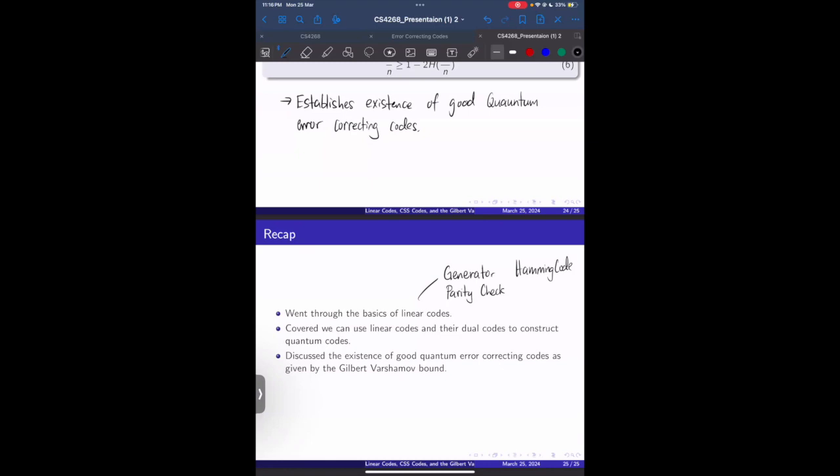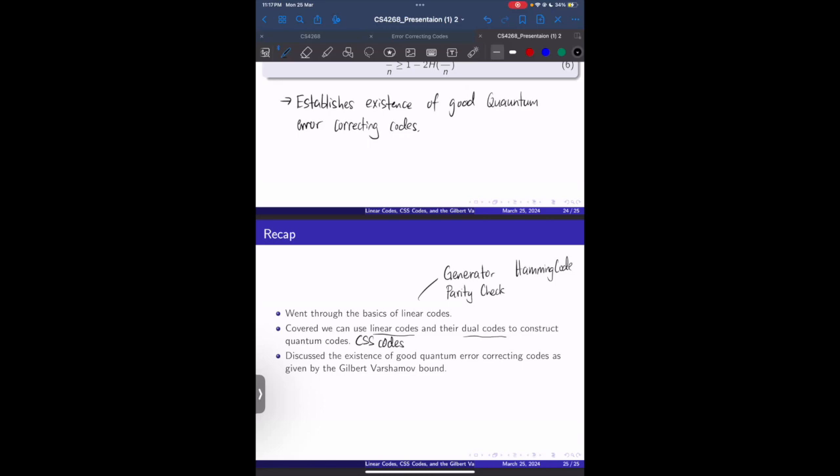Then we also showed how we can use linear codes and their duals to construct CSS codes, right? Namely, we also argued that it's sufficient to consider bit flips and phase flips, and that if you want to correct the phase flip, you just do a Hadamard and change it to the problem of the bit flip.